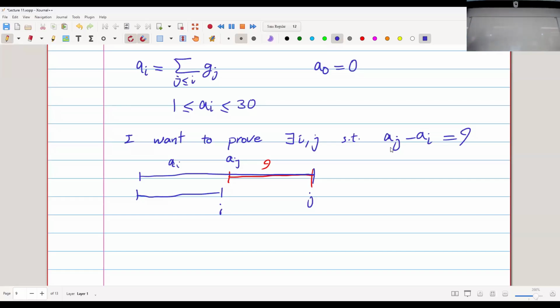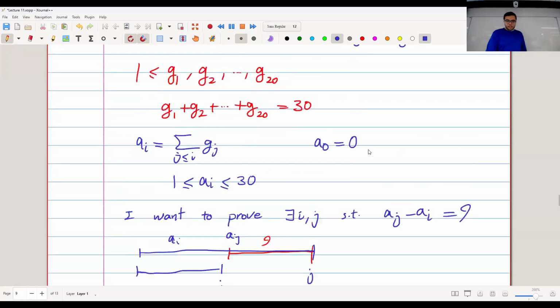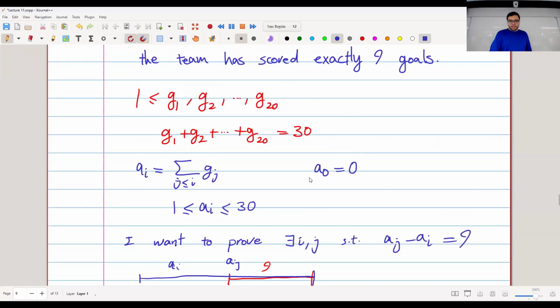But I still have a problem. Even if I include A0, I have 21 values, right? So I have 21 Ai's, A0 to A20, but their values can be between 0 and 30. So still not great. I don't have a good set to use as my pigeon set.